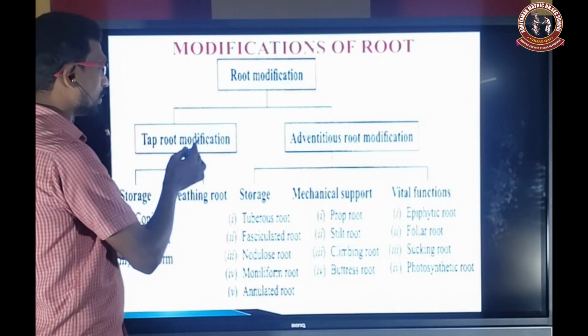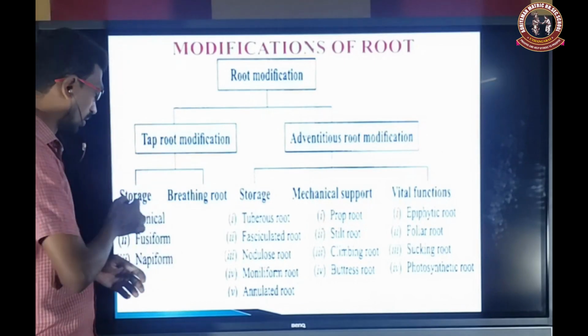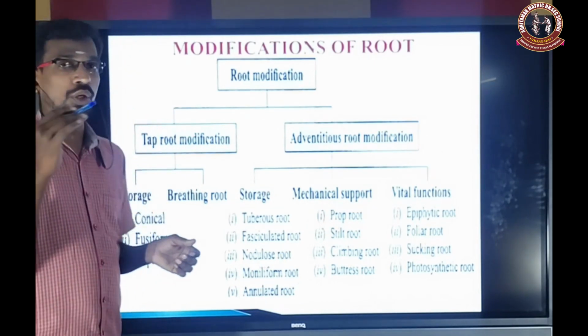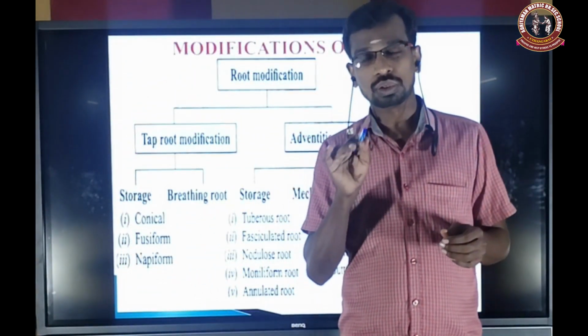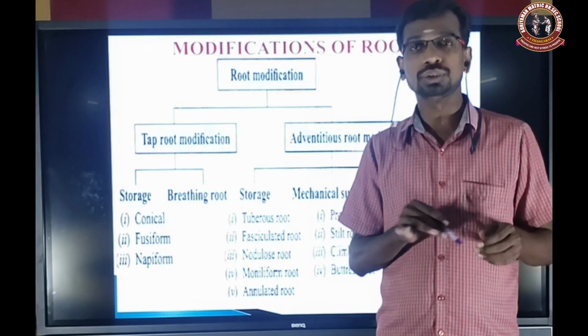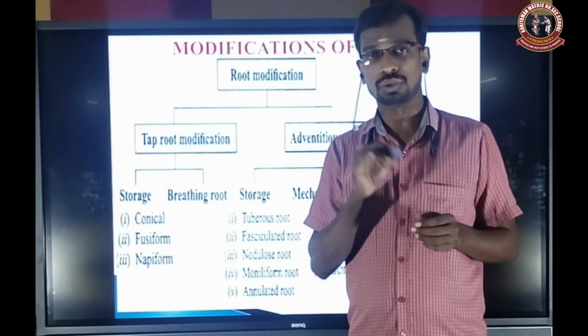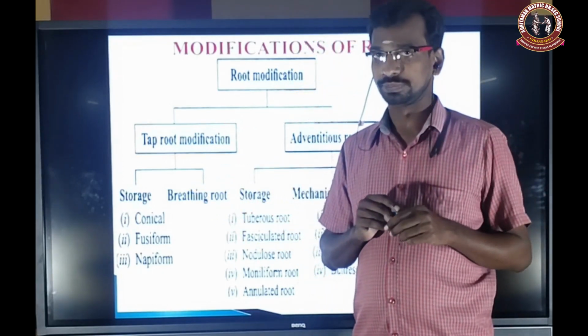In the taproot, depending on the function, it may store food material, that is storage. Some taproots grow negatively geotropic. Actually, roots grow positively geotropic, towards the soil. But the breathing roots are negatively geotropic.